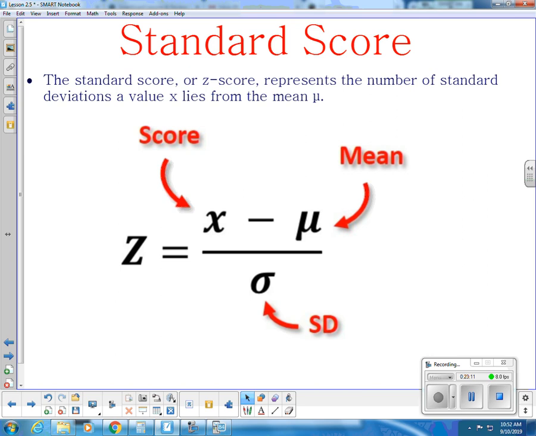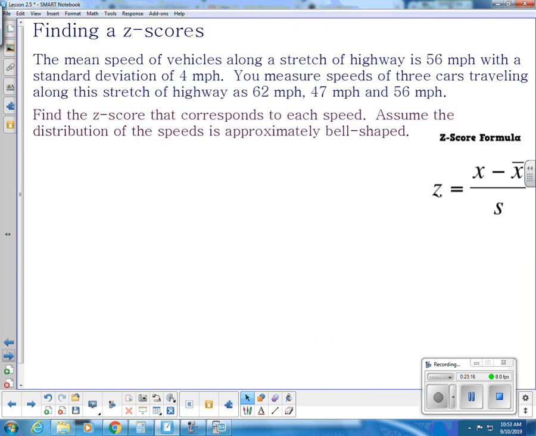We ready? So the mean speed of vehicles along a stretch of highway is 56 miles per hour. Standard deviation is 4 miles per hour. You measure speeds of 3 cars traveling along this stretch: 62 miles per hour, 47, and 56. So if you are above the mean, your z-score should be positive, yes?